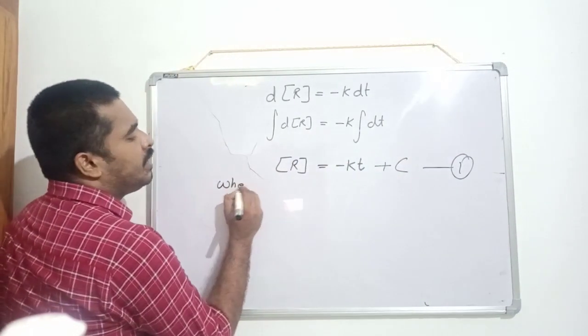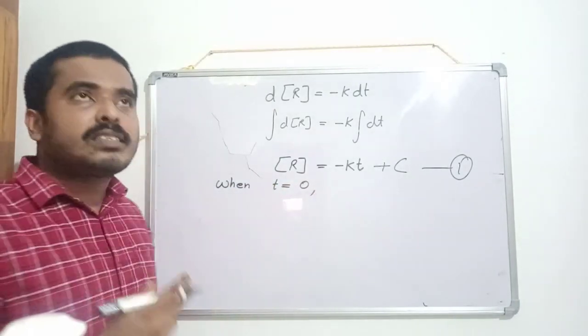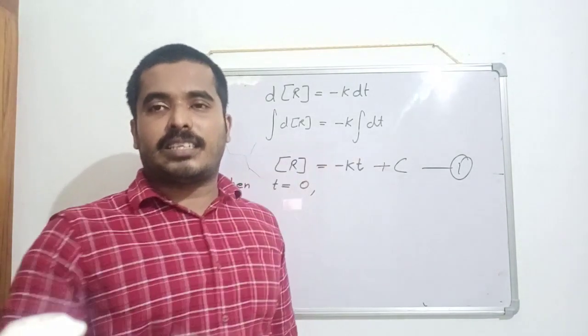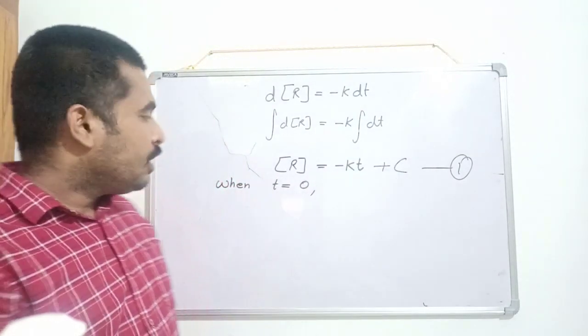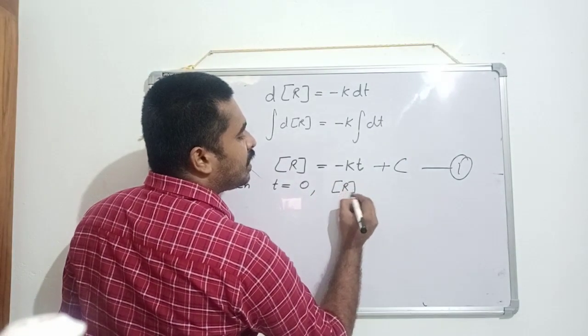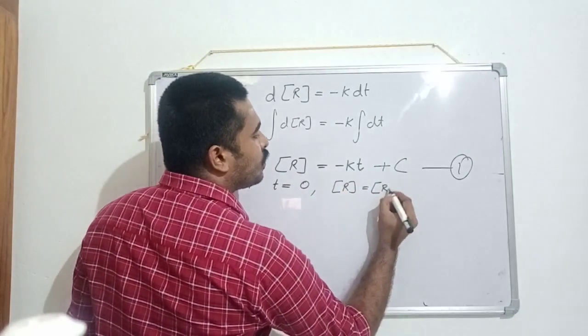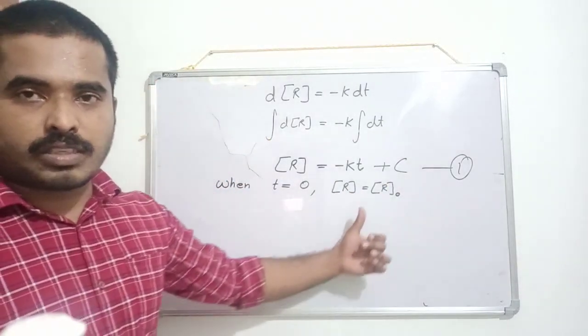When t equal to 0, that means the reaction has just started, initial time, t equal to 0. When t equal to 0, we will write R equal to R0. That means initial concentration.